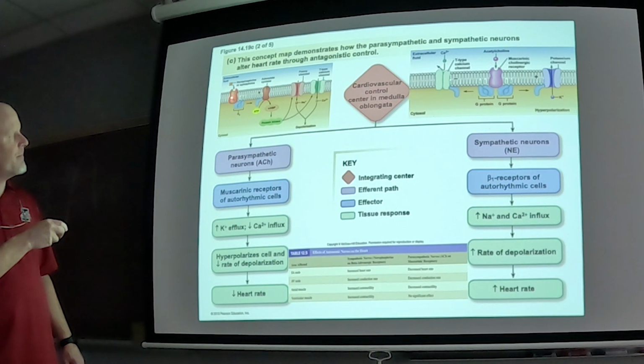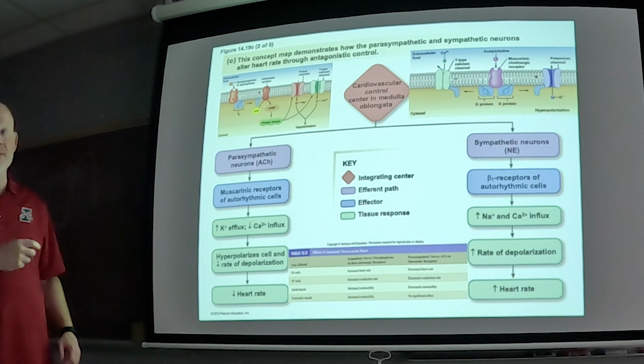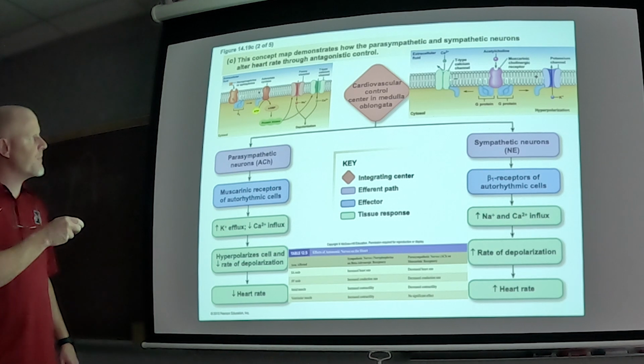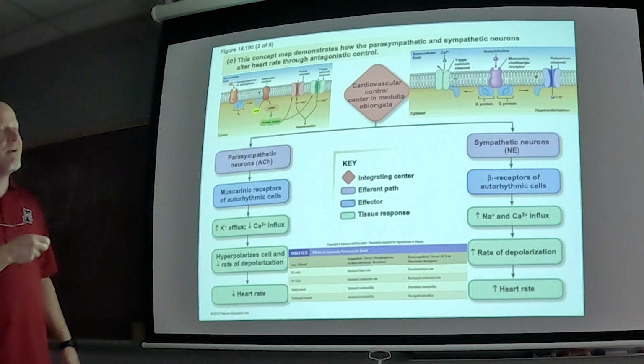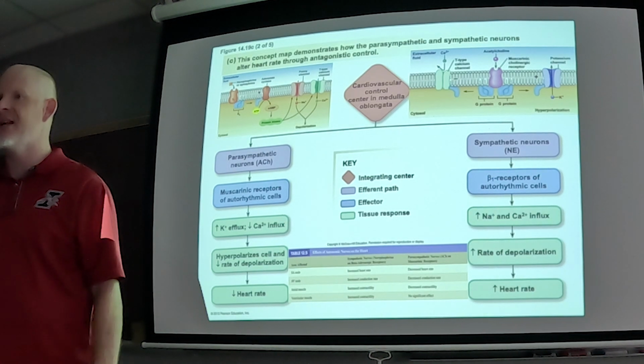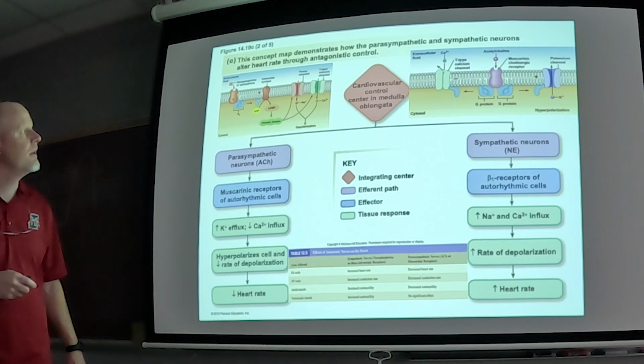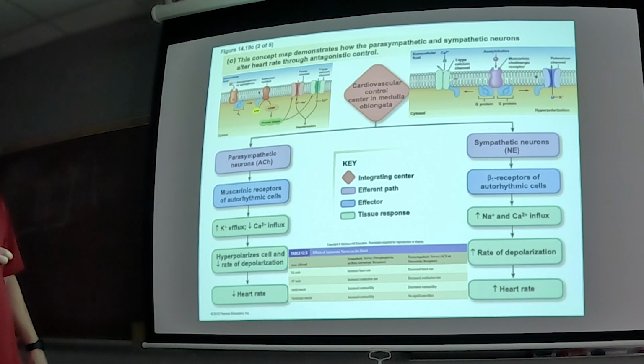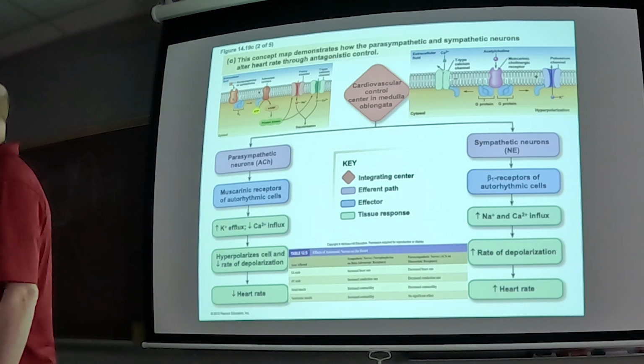That'll change the shape of the beta receptor, activate our G-coupled receptor, release GDP, attach GTP, right? The alpha subunit will then cross and activate adenylate cyclase. So this is a G-coupled adenylate cyclase receptor. That produces cAMP, which turns on protein kinase A, and then protein kinase A will phosphorylate funny current sodium channels and T-type calcium channels. So now more ions are coming in.